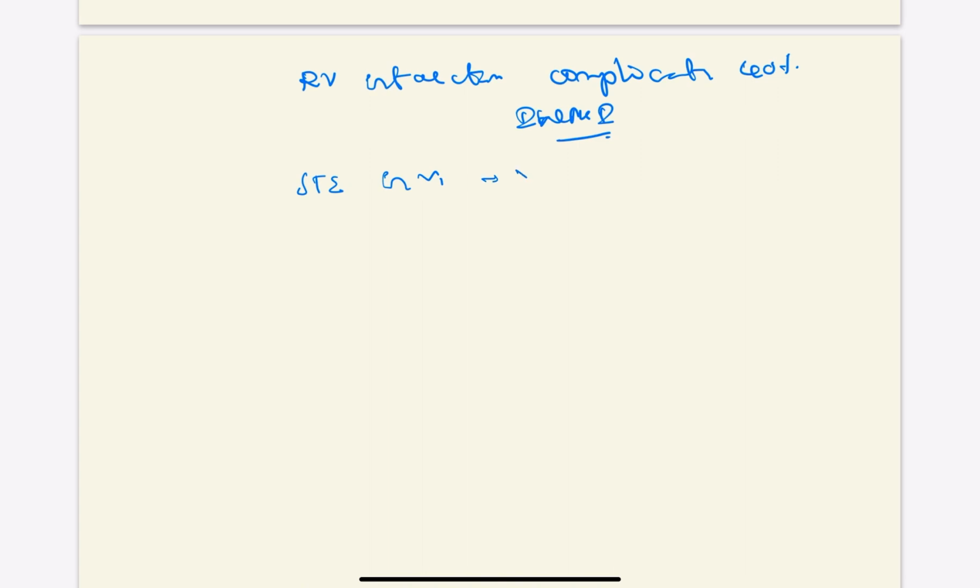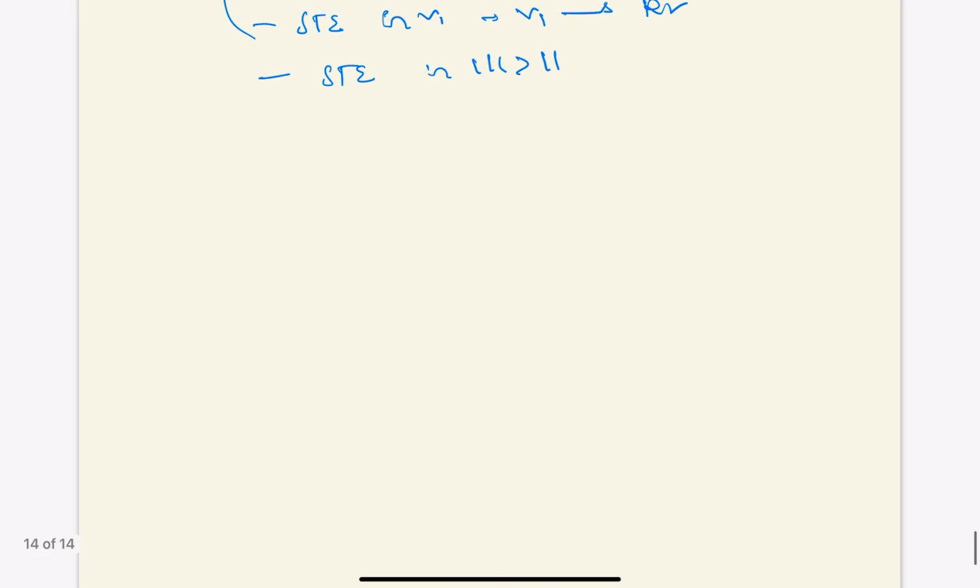Why V1? Because V1 directly sees the right ventricle, and ST elevation in lead 3 more than lead 2. These are the features which are suggestive of right ventricular involvement, and the diagnosis can be confirmed by right sided leads.